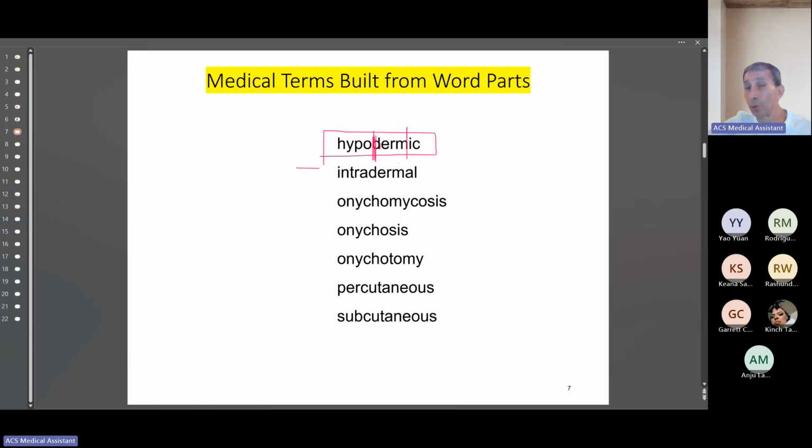Hypo is the entire word, and this is a prefix. You don't have combining vowels before the word root. So this is a prefix, hypo. This is the word root, derm, skin, and this is the suffix, ic, pertaining to under the skin.